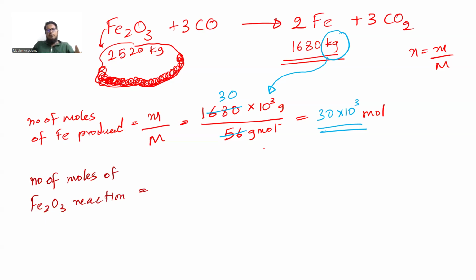If this is 30, this Fe2O3 will be half of that, because the mole ratio is 1:2. So what is half of this 30,000? 15,000 moles. Now, how to find the mass of Fe2O3?